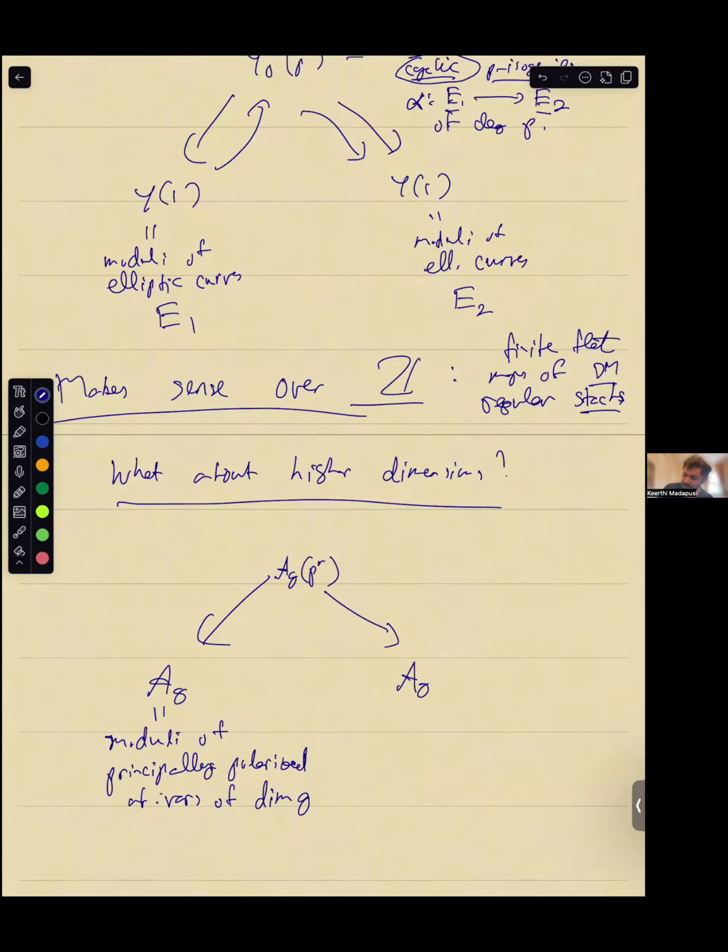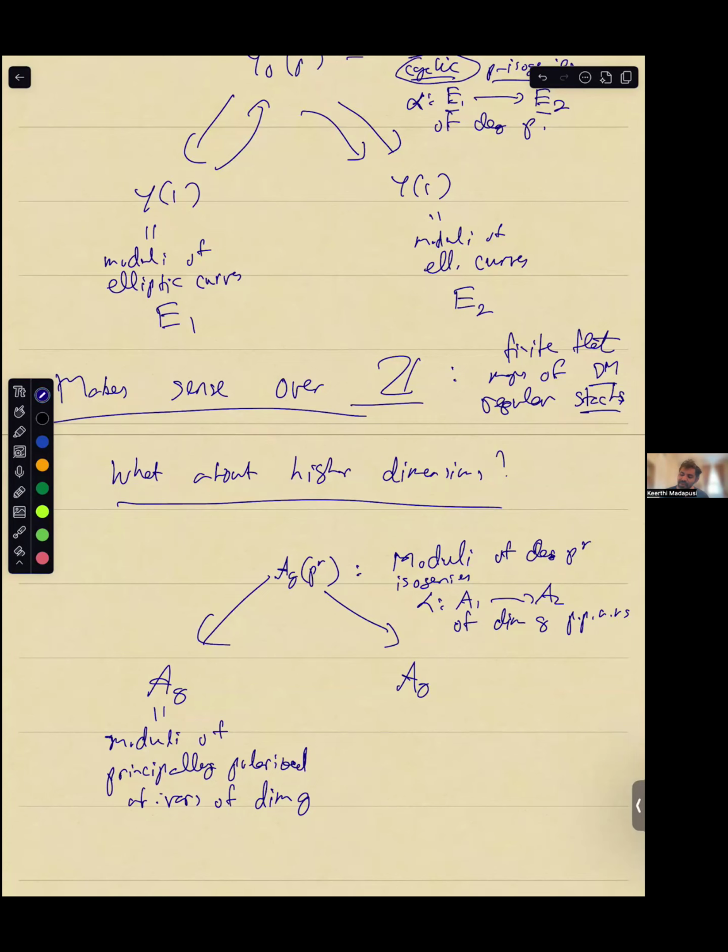This is going to be the moduli of isogenies of degree p to the r, isogenies A1 to A2, of dimension g principally polarized abelian varieties. And there are other things you can add. That's because there's this polarization in this picture, you can ask for some relationship with that polarization. But anyway, we can just take this.